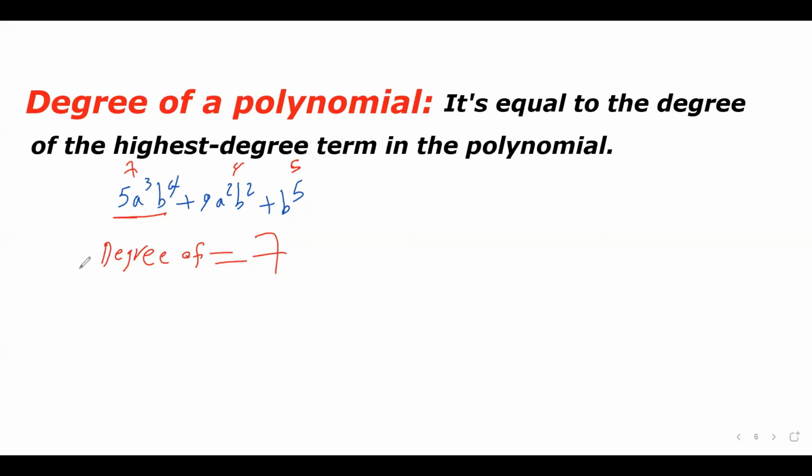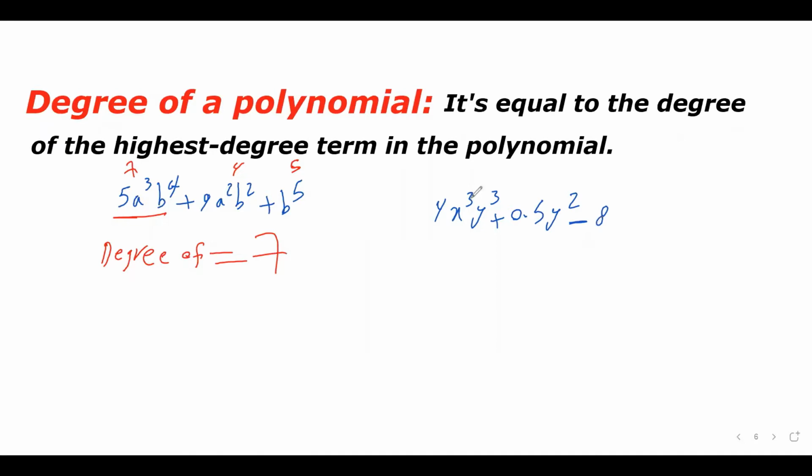Let's do another one. Let's say I have 4x cubed y cubed plus 0.5 y squared minus 8. I need to find the degree of this polynomial. The first thing you need to do is find the highest degree term. I have these 3 terms. Which one has the highest degree?